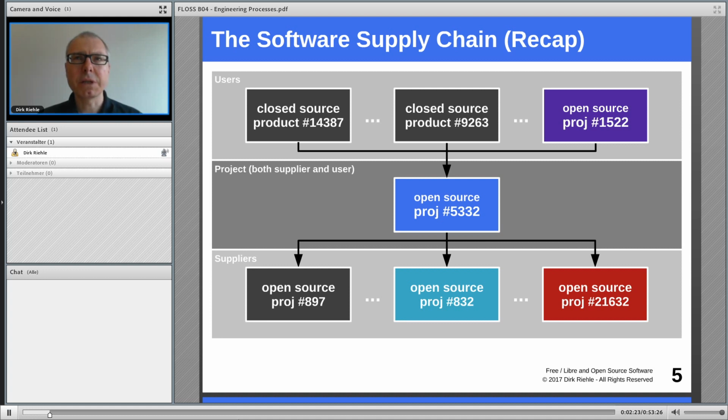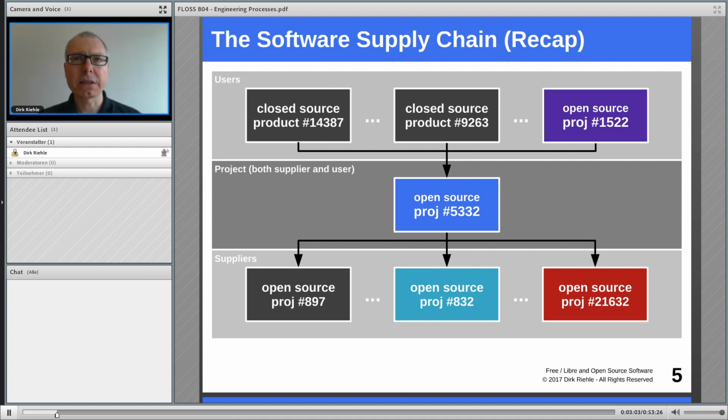And I think that means we need to best view open source components as feeding into something, which in more classic economic terms, meaning an open source project is a supplier to various customer or user projects that make use of it. So in this graphic, you can see how a particular open source component not only uses other components of which it's a user and these other components are its suppliers, but actually is being used by closed source products or other open source projects as well.